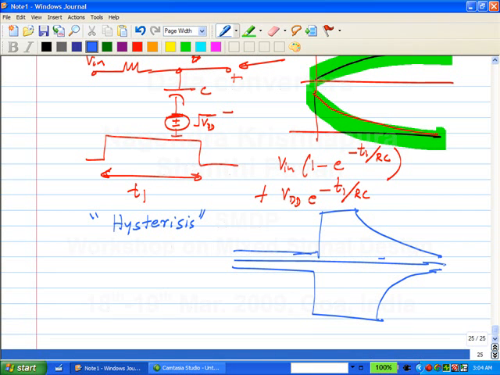So the best test for hysteresis, to make sure that your comparator doesn't remember the past, is what? You connect it to an input which was positive in one cycle and slightly negative in the next. If your comparator has no hysteresis, then the output should be +1 in the first cycle and -1 in the next cycle.